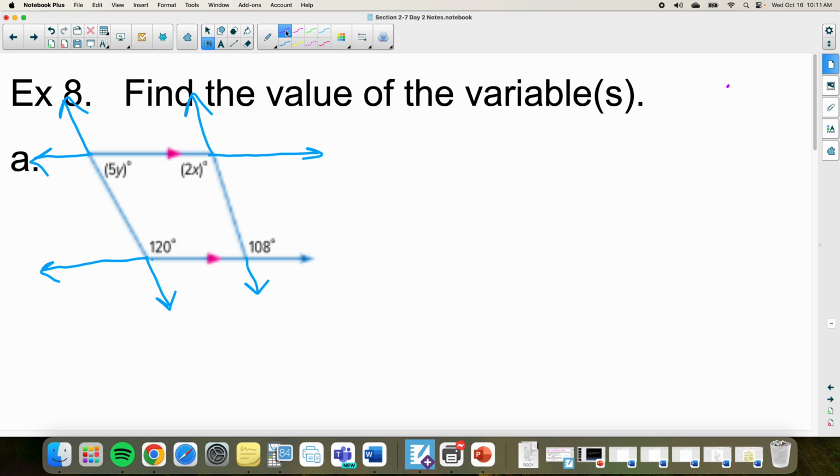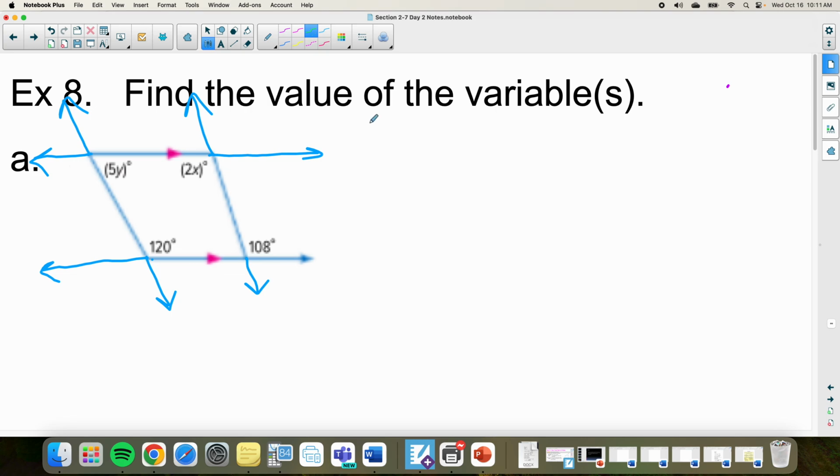Now, does anyone see a relationship with the 5y and the 120? They are consecutive interior. And what do we know about consecutive interior? They equal 180. That's not on the wall, so they equal 180.